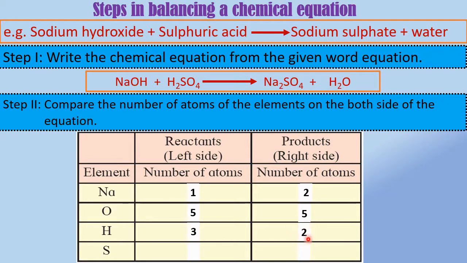The number of atoms of sulfur on reactant side is 1 and the number of atoms of sulfur on product side is also 1. So, here you can see we have to balance the number of atoms of sodium on reactant and on the product side. Also, we have to balance the number of atoms of hydrogens on reactant side and on the product side.